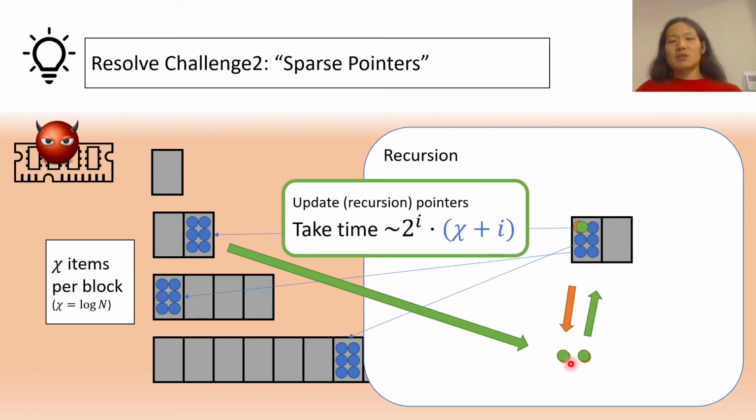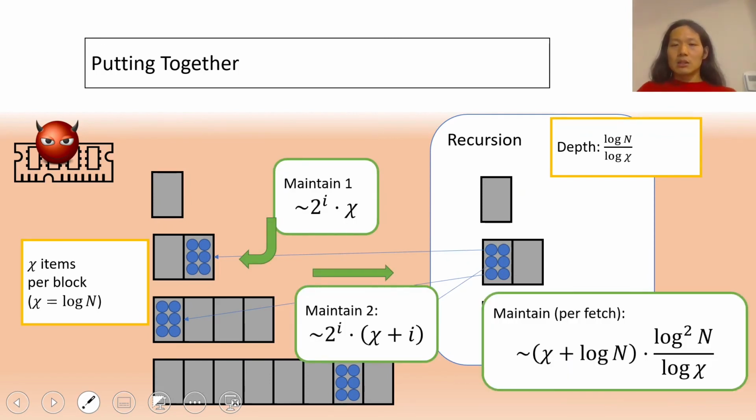These three steps take time 2 to the I times chi for collecting the pointers into the short list, and also 2 to the I times I for routing and updating the positions in the short list. Putting together, the total cost of the maintain phase amortized per element is proportional to chi plus log n. So we choose the parameter chi equal to log n, so it is absorbed by the additive term log n.